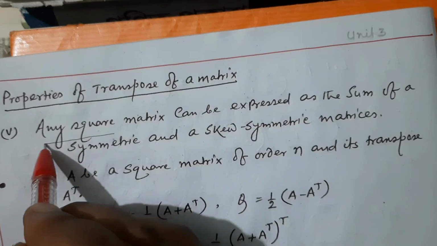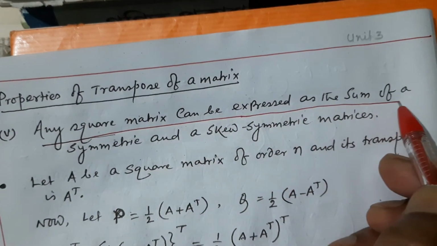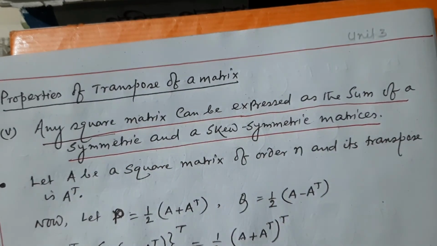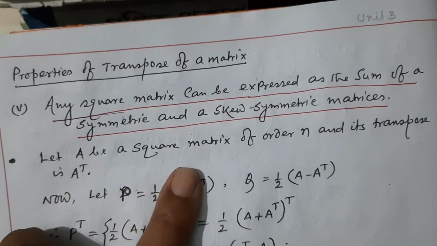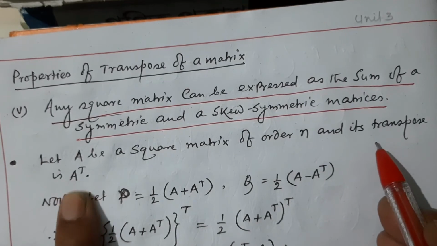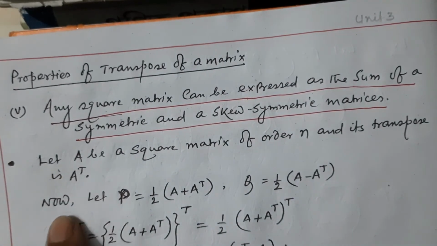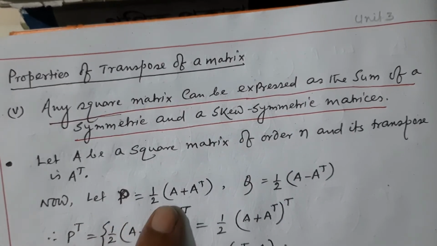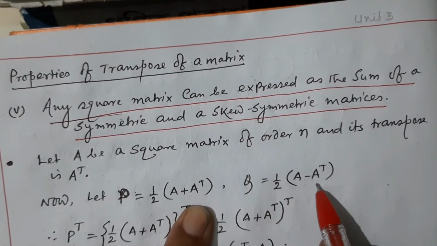Any square matrix can be expressed as the sum of a symmetric and a skew symmetric matrix. Let us consider A to be a square matrix of order n, and its transpose is denoted as A transpose. Now let P be a matrix, considered as half into (A plus A transpose), and Q be another matrix, half into (A minus A transpose).